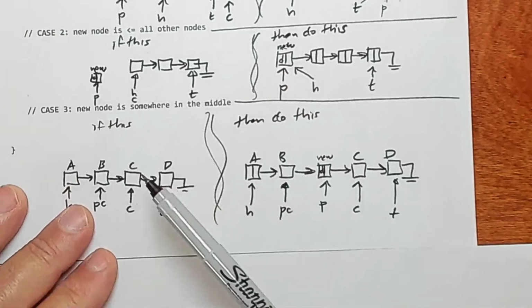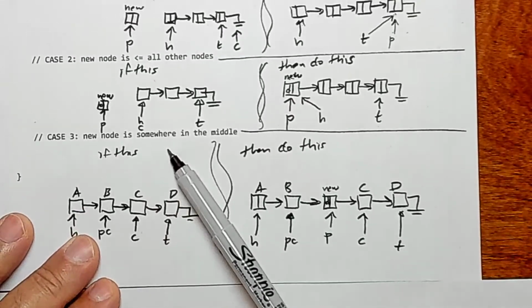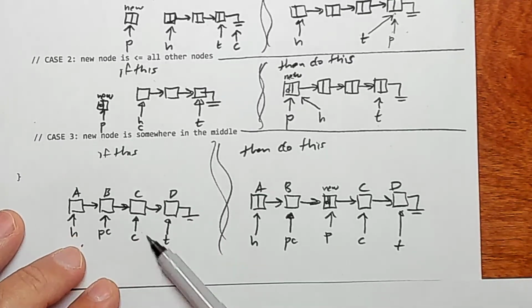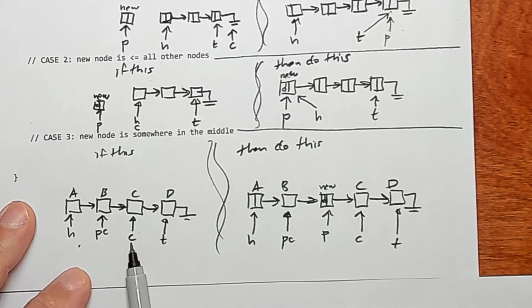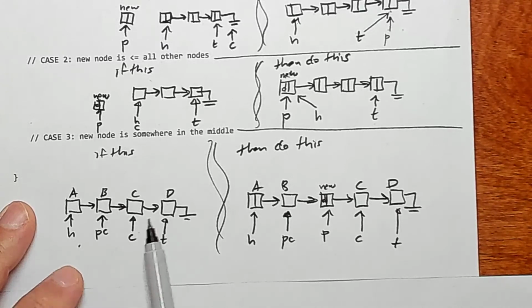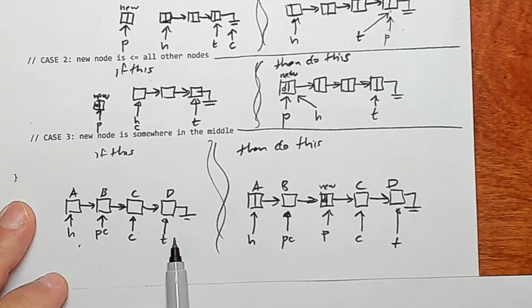Okay, and the third case is the data in the new node is somewhere in the middle. So basically the little c cursor will stop somewhere in the middle of this. And it might look like this. You might have the head pointer, the tail pointer, the cursor, and the precursor.